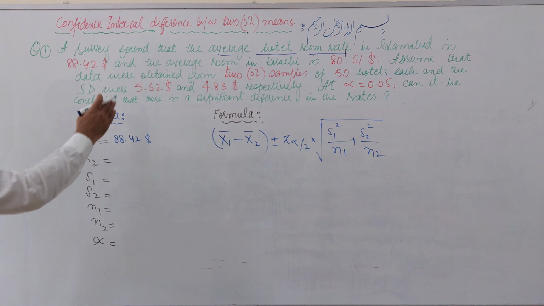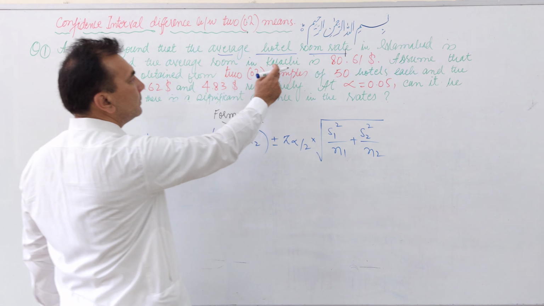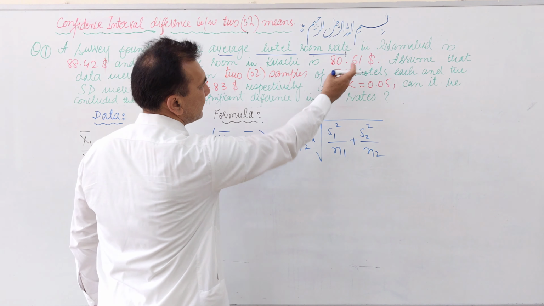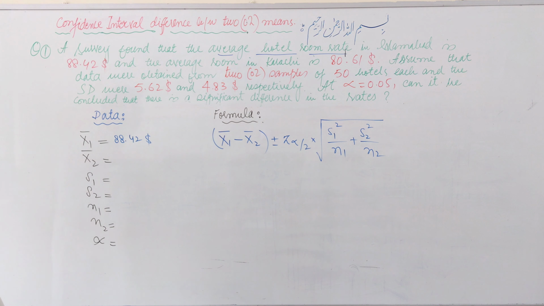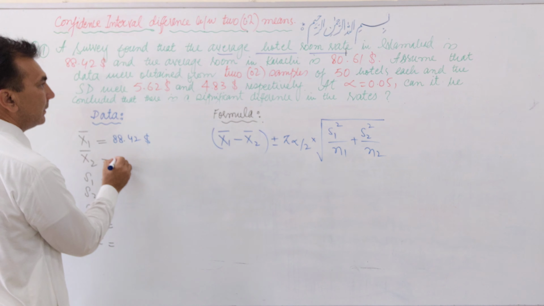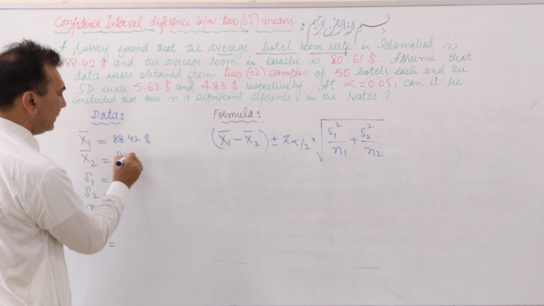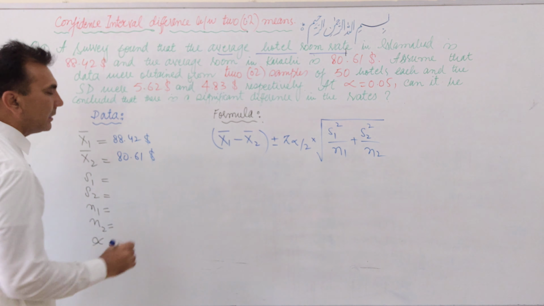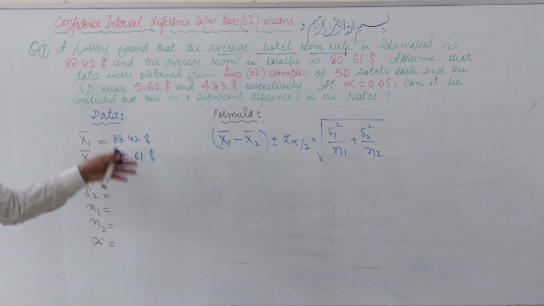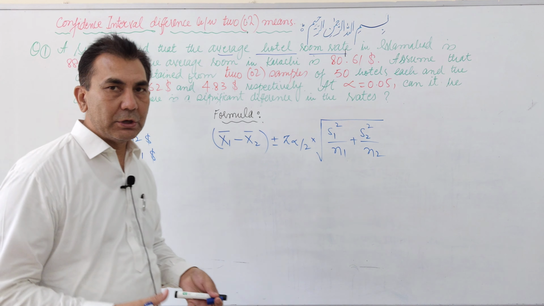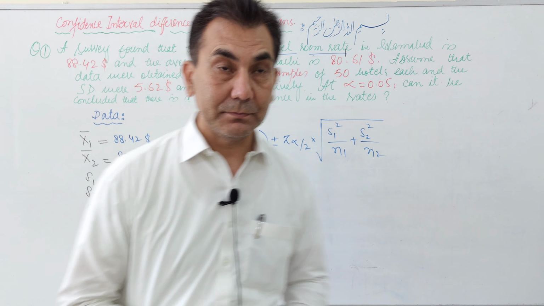Now what's the second one? The average room rate in Karachi is 80.61 US dollars, which is the average hotel room rate in Karachi city.